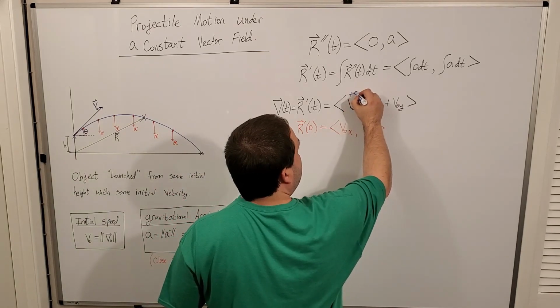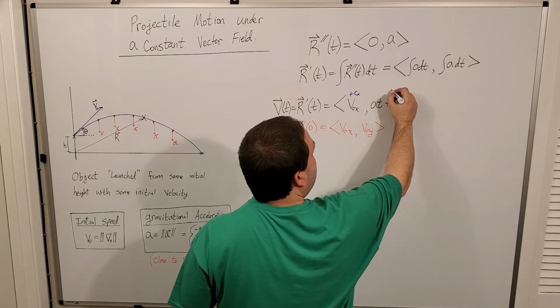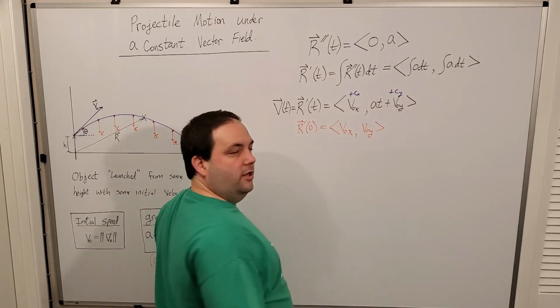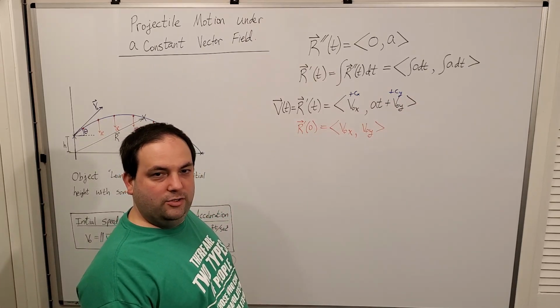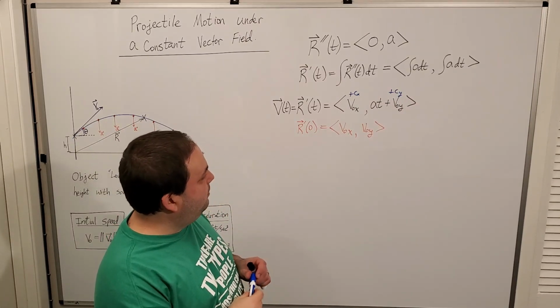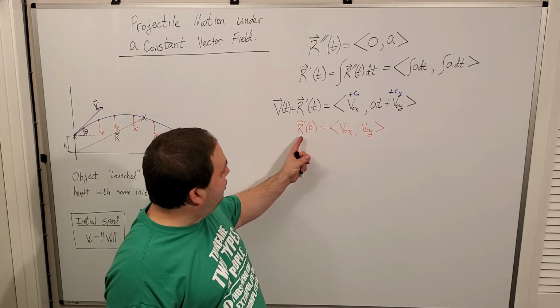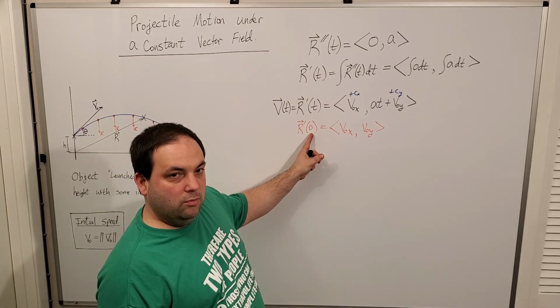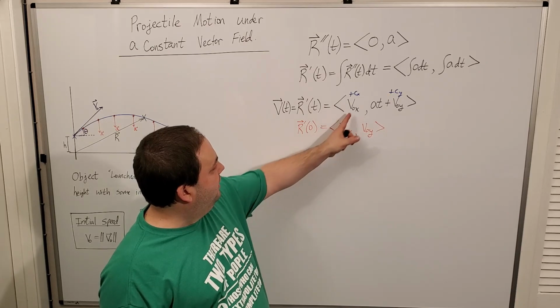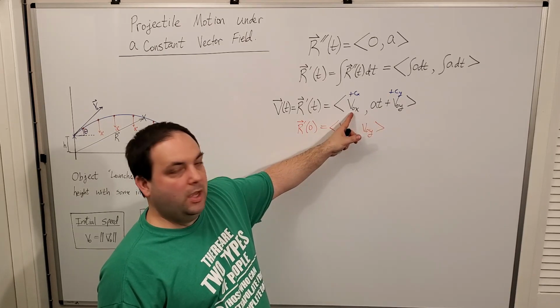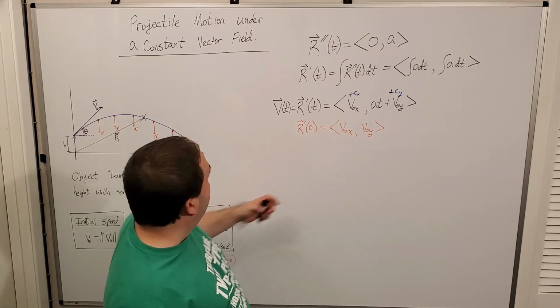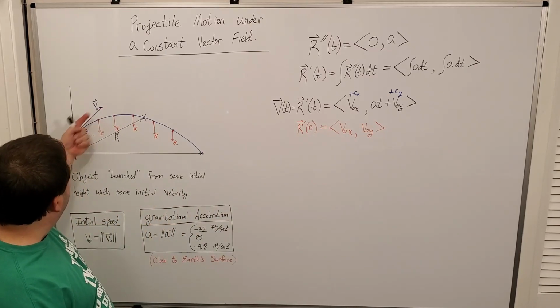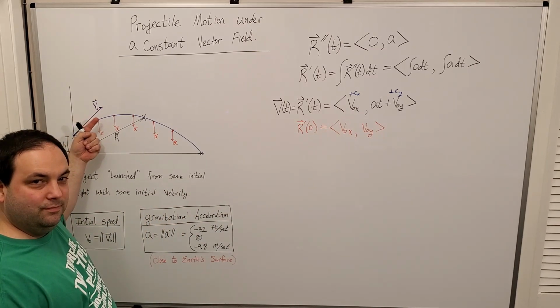Technically, this is my plus c in the x direction, and this is my plus c in the y direction. Those are my constants of integration. However, I labeled them very specially because I knew that if I plugged in 0 for the velocity vector, those two numbers are the only thing left behind. And at time 0, that's this initial vector here.